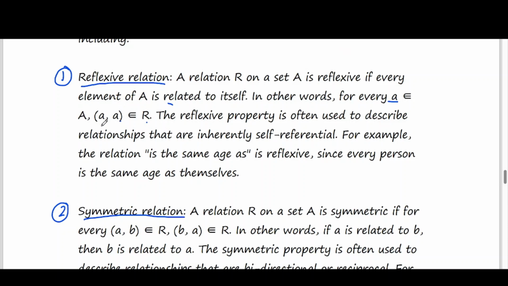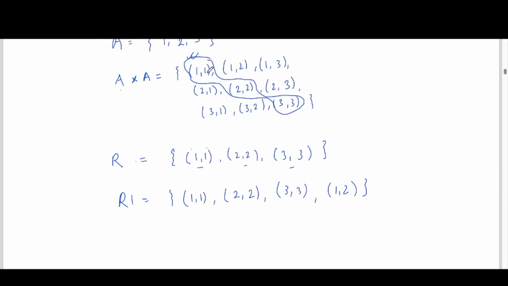So all these reflexive pairs, the diagonal elements we have just seen, like (1,1), (2,2), (3,3), are called (a, a) pairs or reflexive pairs. If all these reflexive pairs are present in a relation, then that relation is called a reflexive relation.